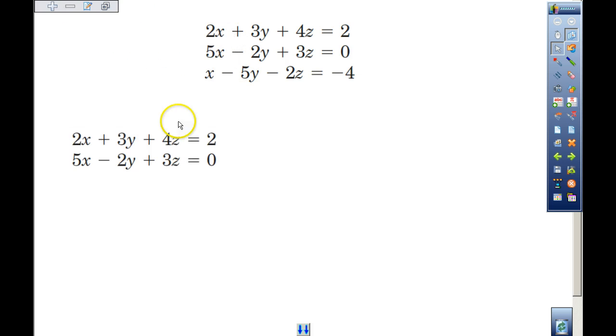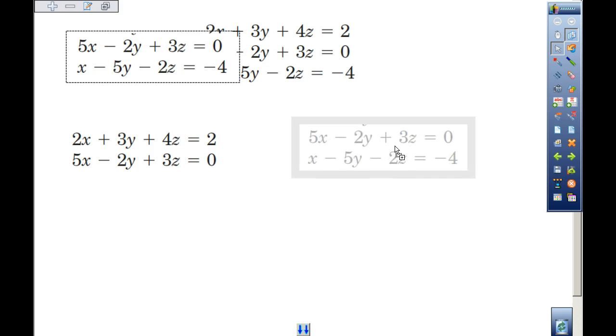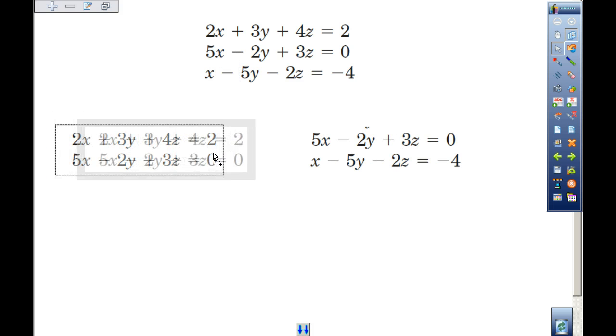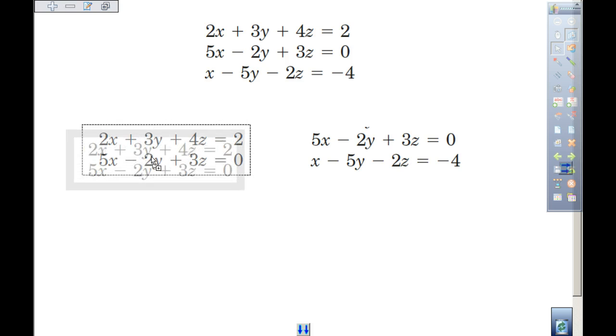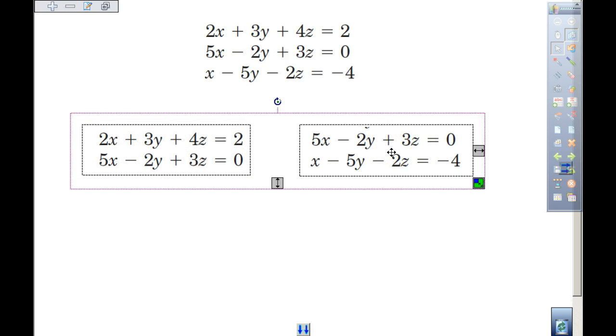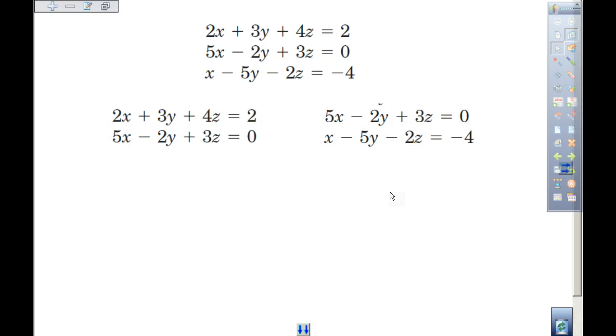So I need to eliminate the same variable in both of these. Alright. Strategically, is there one that's easier to eliminate than another? Not really. It's kind of the same thing, but I think x might be easier to eliminate here.